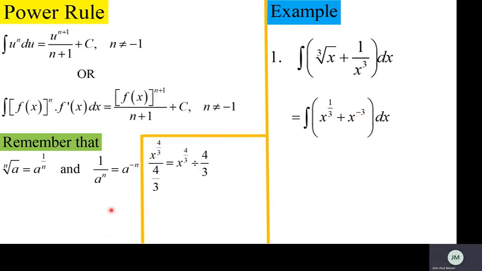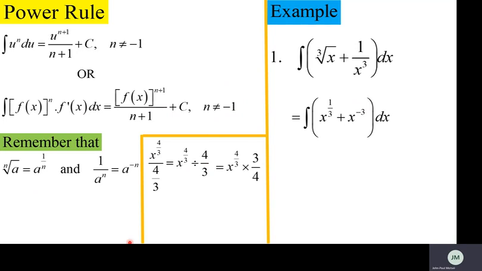Right, so we have to recall that when we add 1 to 1 over 3, we're going to have 4 over 3. It's like we're adding 3 over 3, and that will give us 4 over 3. Then we have to divide by 4 over 3. This division can be expressed in this form. When we change this division sign into multiplication, the numerator becomes the denominator and the denominator becomes the numerator.